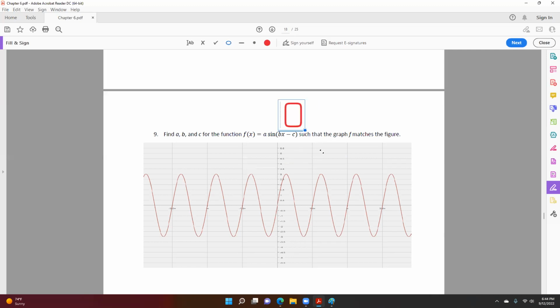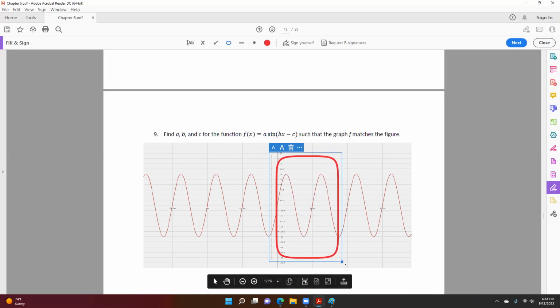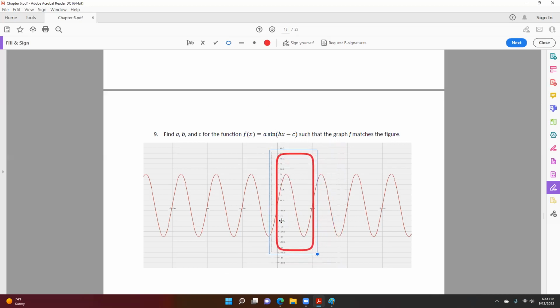For example, in order for me to pick which one I need to use for this sine wave, I have to pick the one that has a hill and a valley. So this sine wave is what I'm talking about here, because it gives us a hill and a valley, and it actually starts at 0, 0.